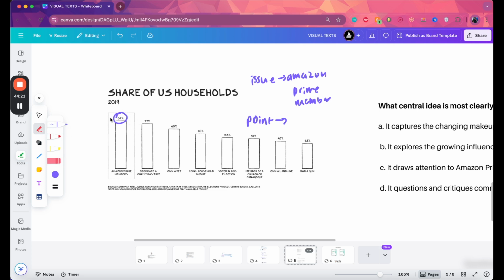How high the percentage of people or percentage of US households that have an Amazon membership is. Point, how high. US households with a Prime membership is.